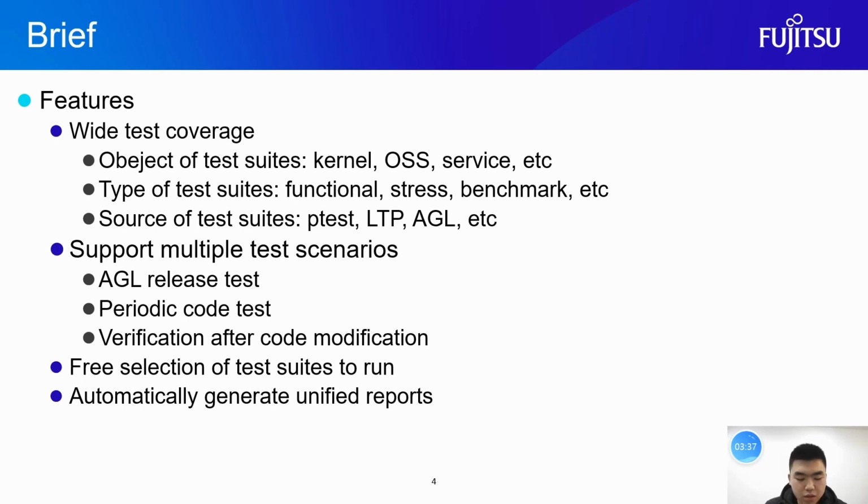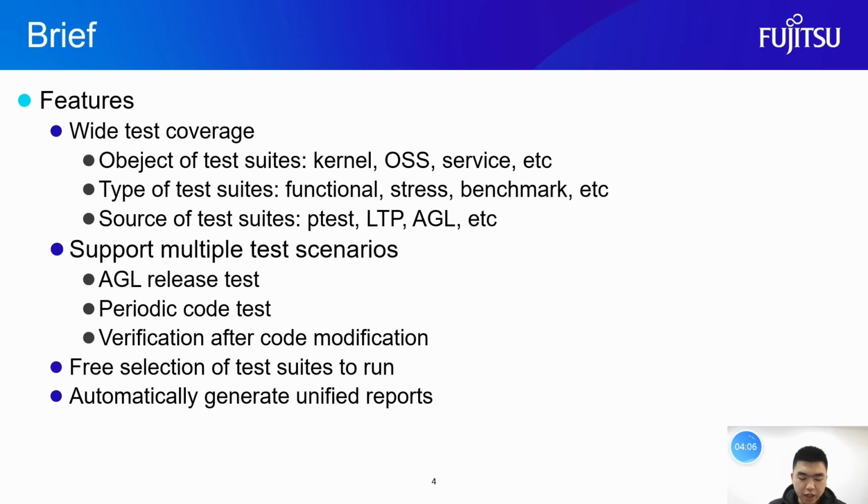From the aspect of classification of the test suites, there are functional tests, stress tests, benchmarking tests, and so on. From the aspect of the test suites upstream, there are ptest, LTP, AGL, and many other third-party test suites.